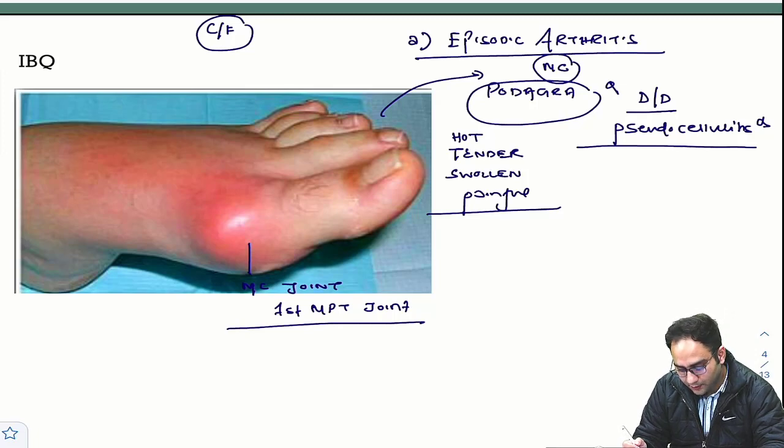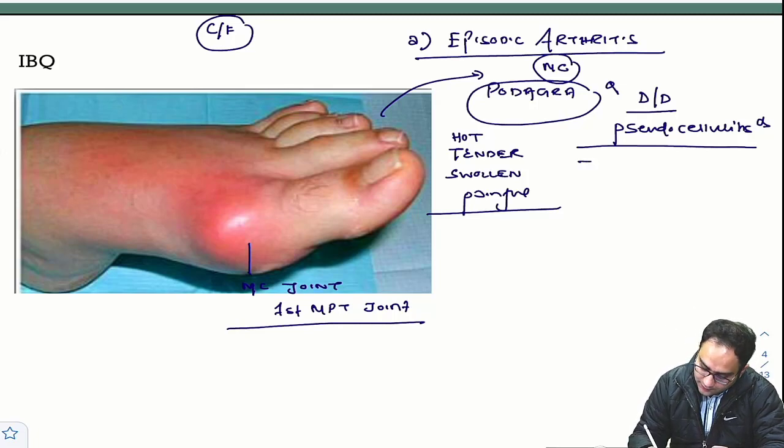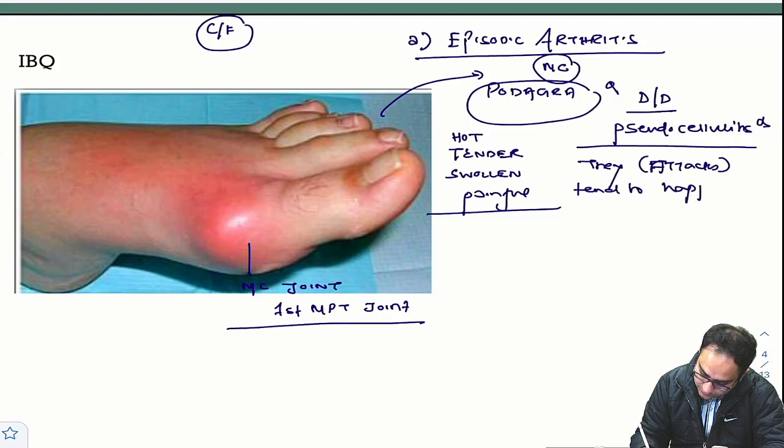And a particular feature of these attacks is that they tend to happen mostly at night or early morning.